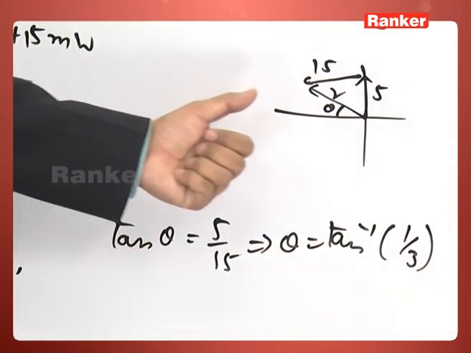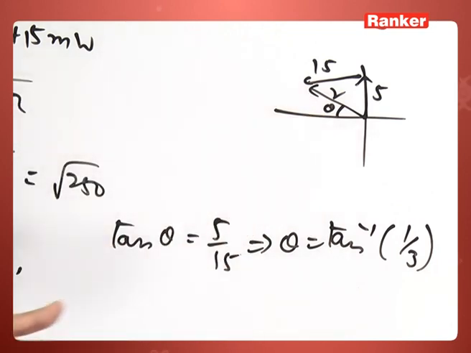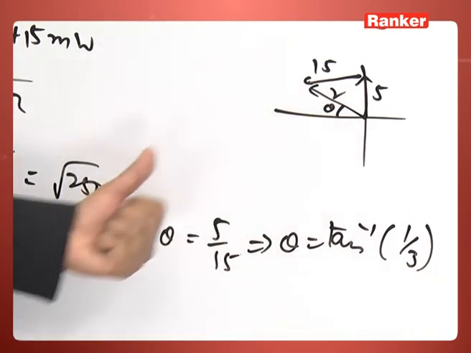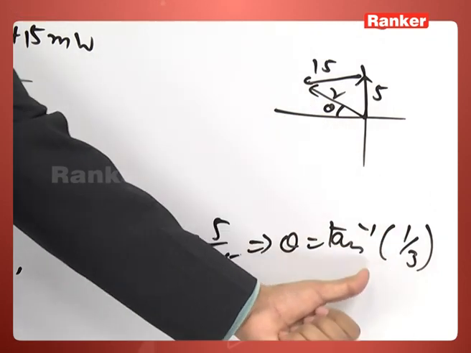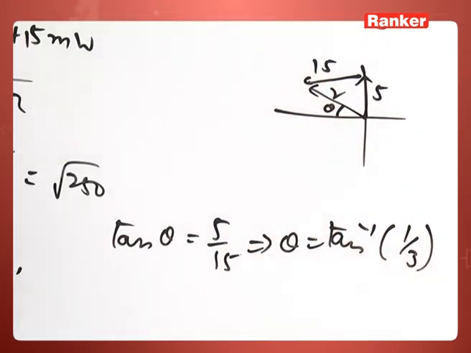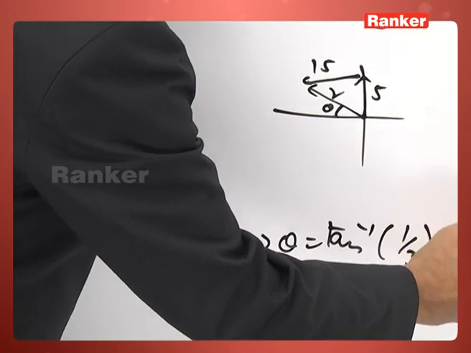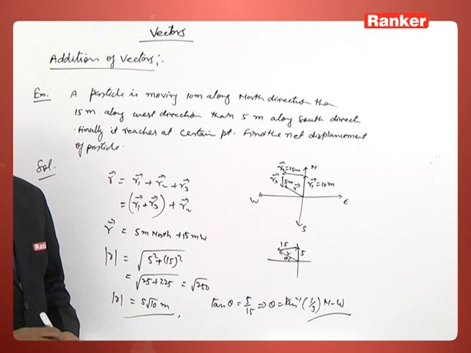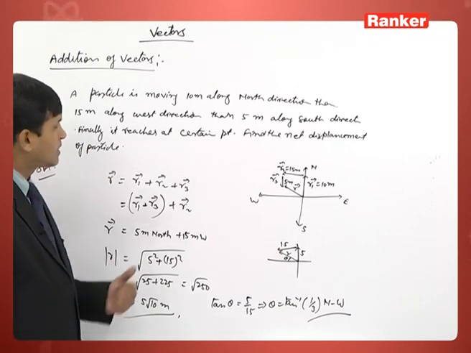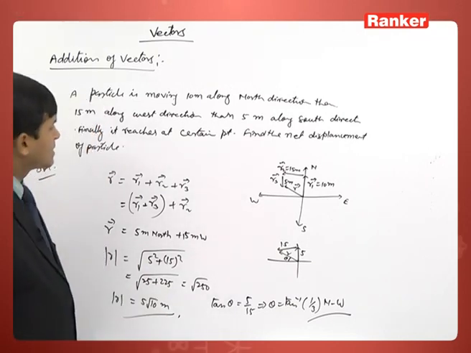Then we can say the resultant displacement is 5 root 10 meter, making an angle tan inverse 1 by 3 towards north from west. This is the final answer. Like that we can solve the problem. Now, see another type of problem.